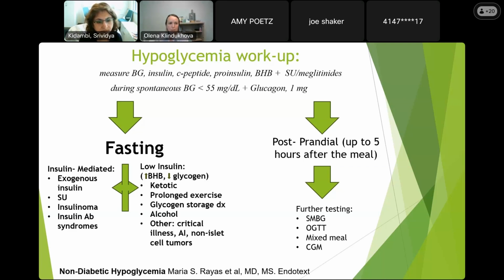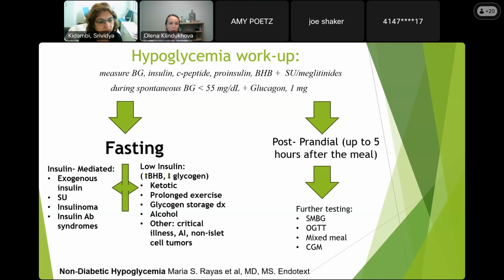Traditionally, we divide this hypoglycemia workup into fasting and postprandial. This classic approach, as I will show later in my presentation, will fade away in the future, I believe. But the one that stands for fasting hypoglycemia, and that's what we start to talk about, is insulin-mediated hypoglycemia: obviously exogenous or sulfonylurea, insulinoma, or insulin antibodies.